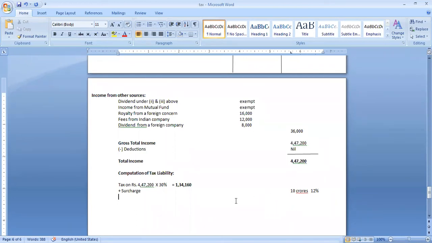If a foreign company's income is between 1 crore and 10 crores, then it has to pay a surcharge of 2%.